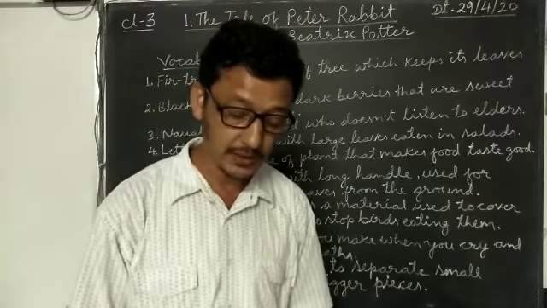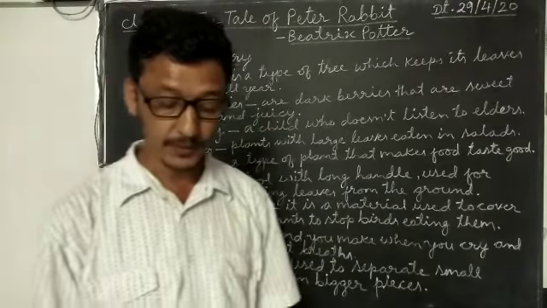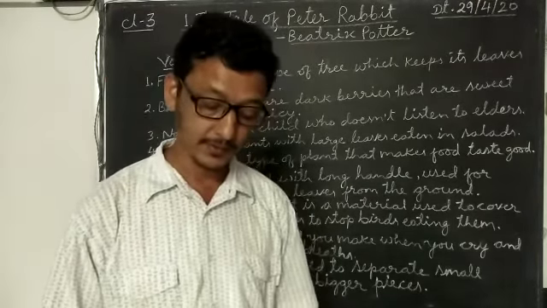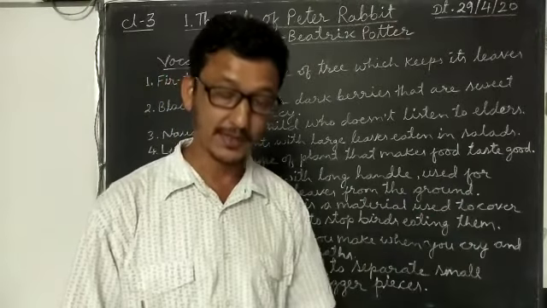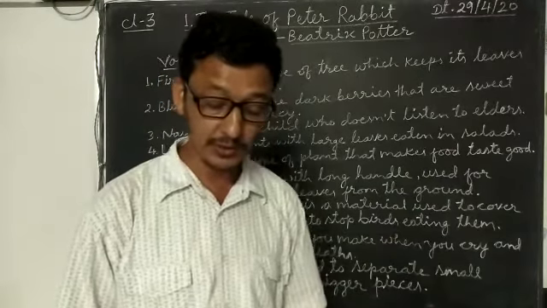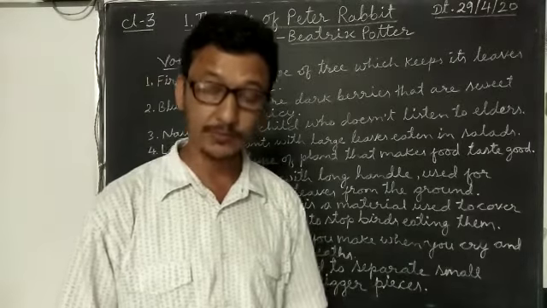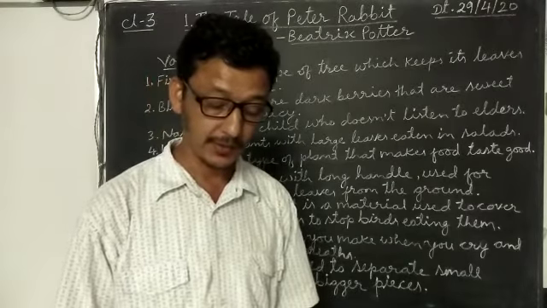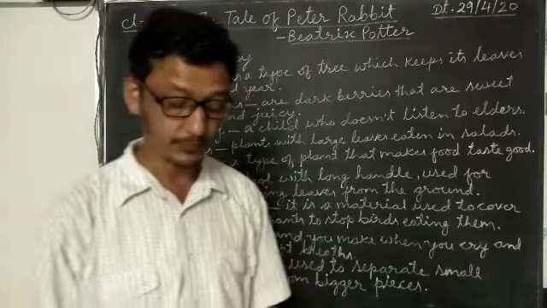He rushed into the tool shed and jumped into a can, a container. C-A-N, can means container. So, Peter rushed into the tool shed and jumped into a can. It had a lot of water in it.